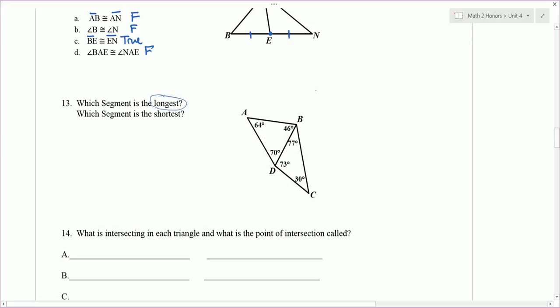So in triangle ABD, the largest angle is 70 degrees, right? And so the largest side is across from the largest angle, which is AB. So in triangle ABD, AB is the longest side.